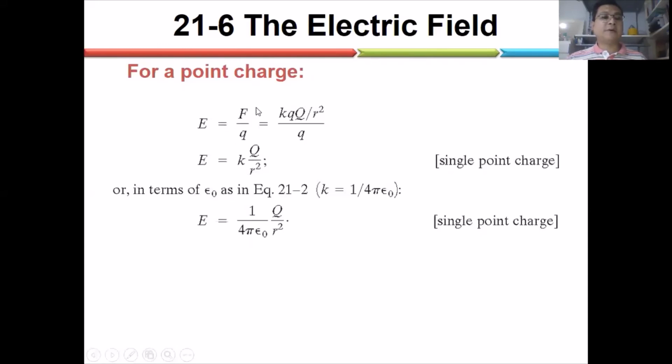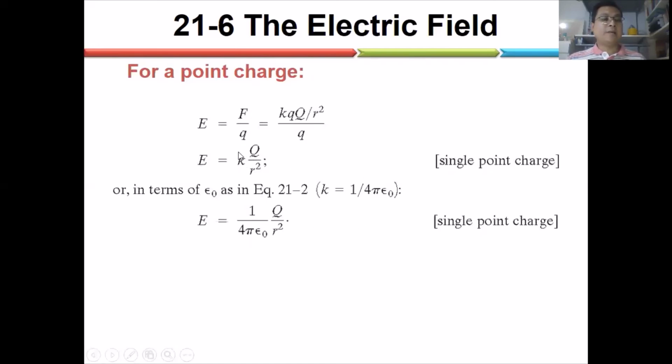We already know how to derive the electrical force F, and then we divide by Q, the electrical charge. So we can simplify the electric field formula as K times Q over R squared.